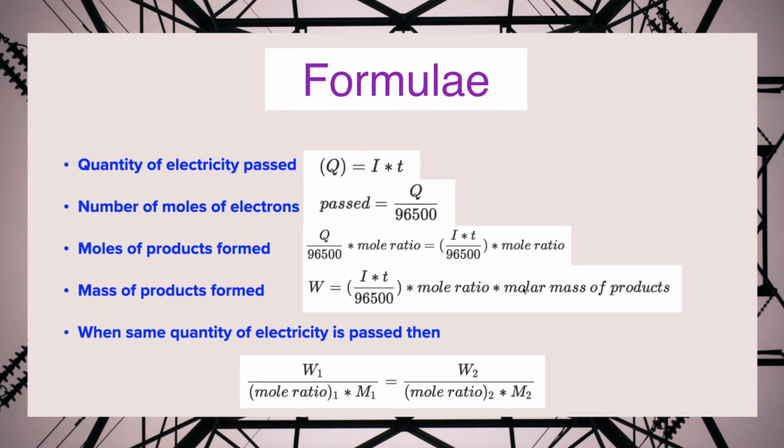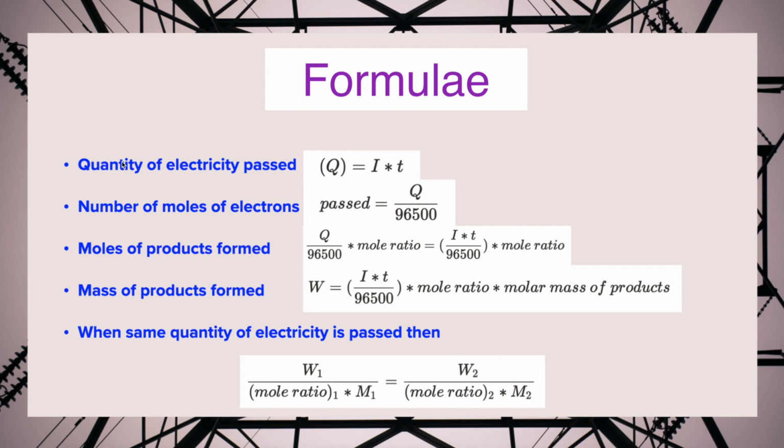We will solve the problems based on quantitative aspects of electrolysis. For solving the problems, you have to remember the formulae, you have to understand each term and remember what the term is.